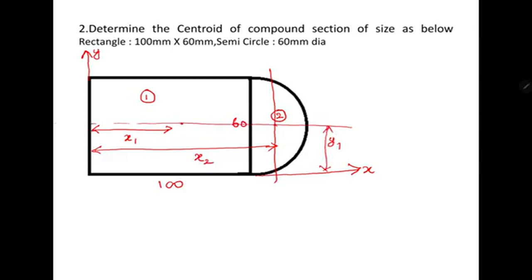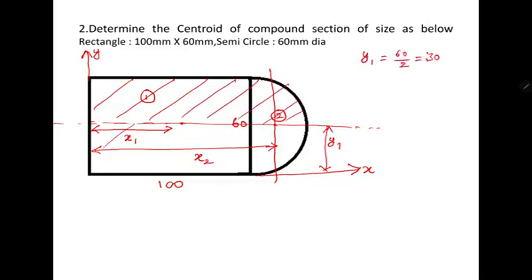y1 is common because if I draw a centroidal x-axis, the area about the x-axis is symmetrical. So I can write simply y1 is equal to 60 by 2, that is 30 mm. Just look at this. The centroidal axis is this.